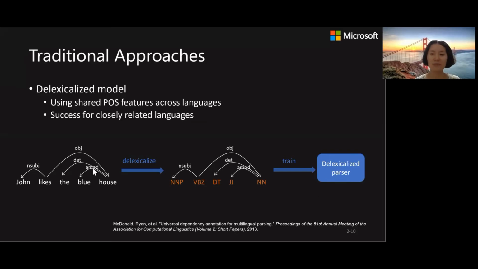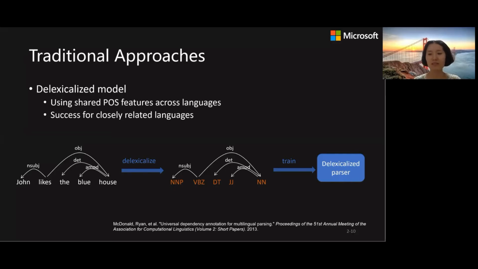As shown in this figure, the sentence "John likes the blue house" is delexicalized into a sequence of part-of-speech features. Then the delexicalized dependency tree is used as training data to learn a parser, and the learned parser can be directly used for target languages.